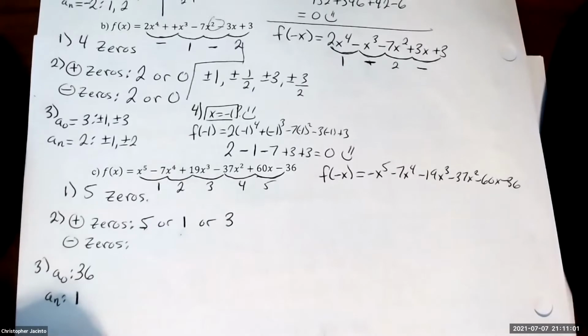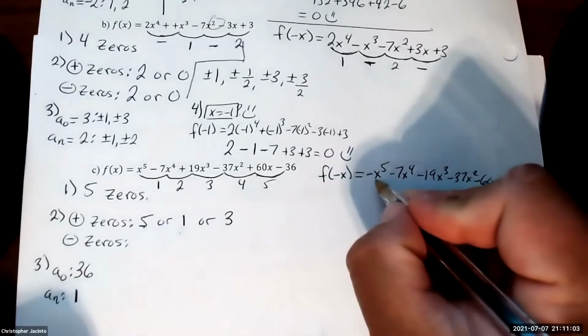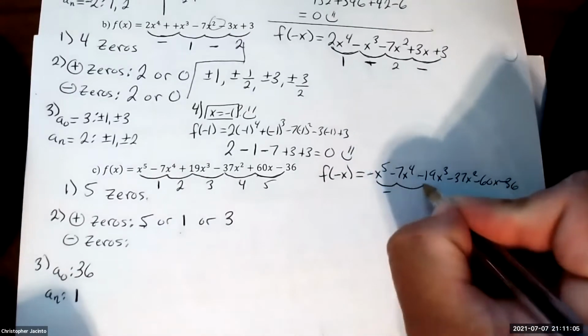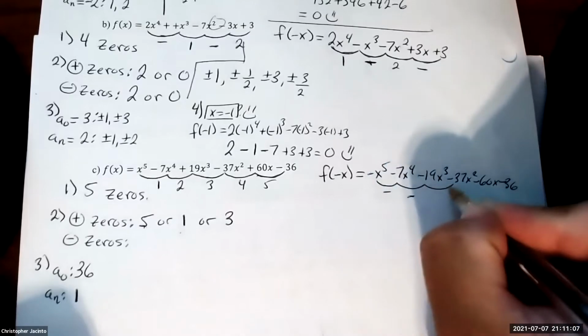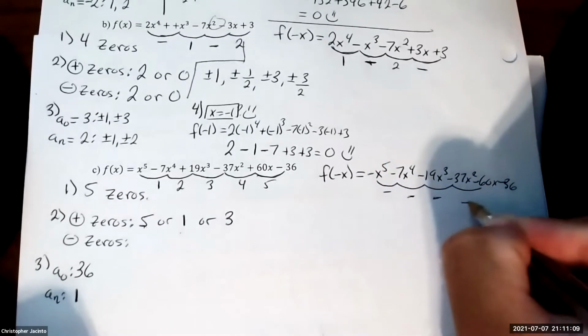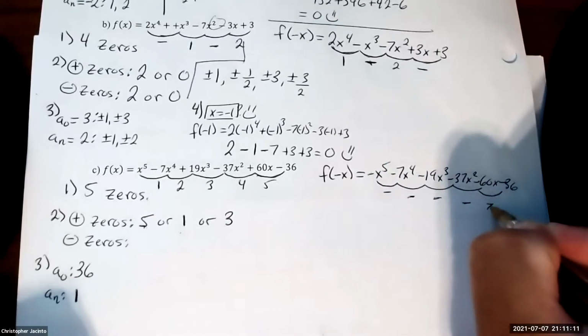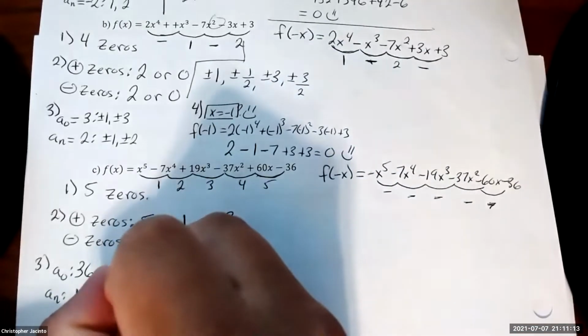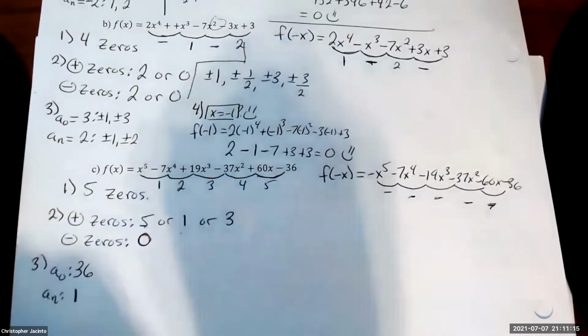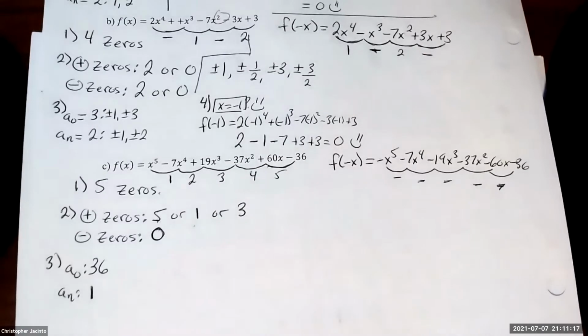Okay. Let's look at the sign changes. And if you noticed, there are no sign changes at all. They're all negative. So we have 0 negative zeros at all. Well, that's interesting. Okay.